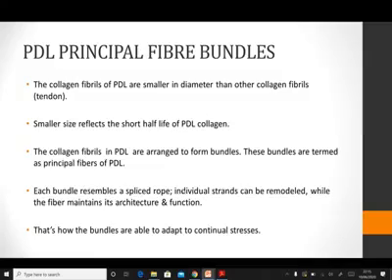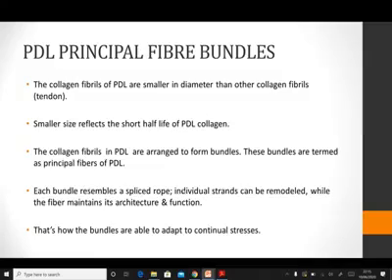Each bundle in the principal fibers basically resembles a spliced rope. If you know what a spliced rope is, or you could say a braided rope where certain strands are braided over each other. Within each rope or each bundle, the individual strands have the ability to individually be remodeled, while the rest of the bundle maintains its architecture and function.